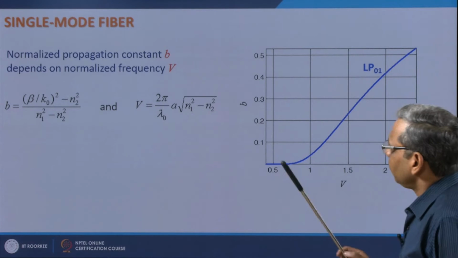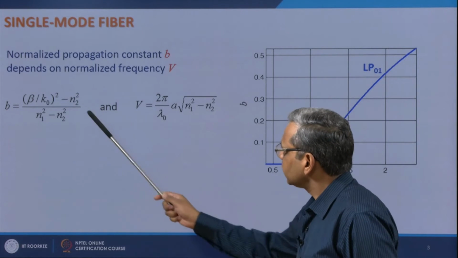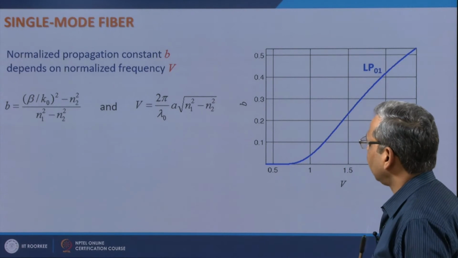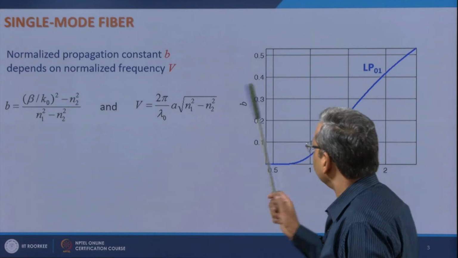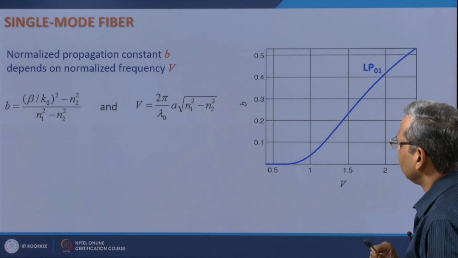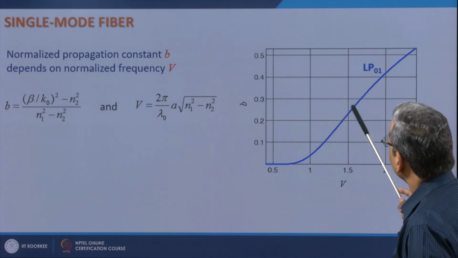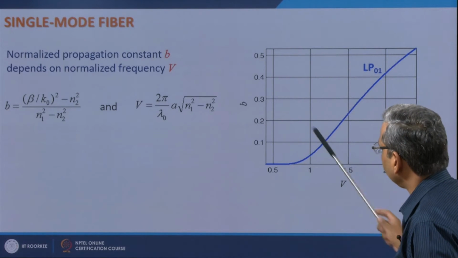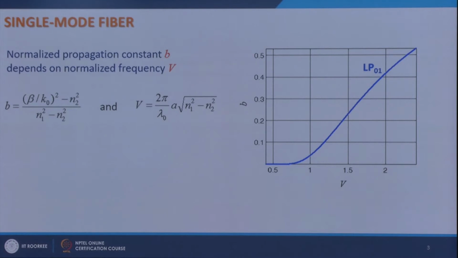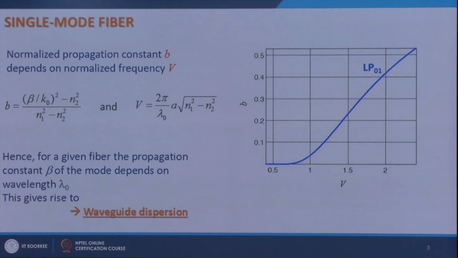So, propagation constant depends upon lambda, and this relationship between the propagation constant and lambda can be obtained from the relation between b and V. So, for a given fiber, the propagation constant beta of the mode depends upon lambda naught, and this gives rise to what is known as waveguide dispersion.